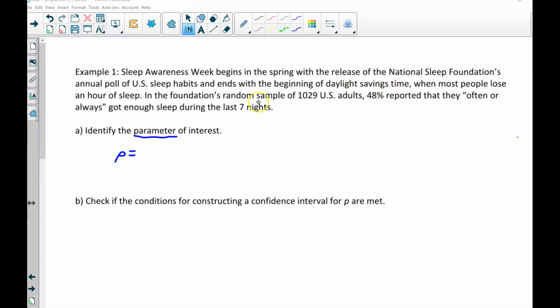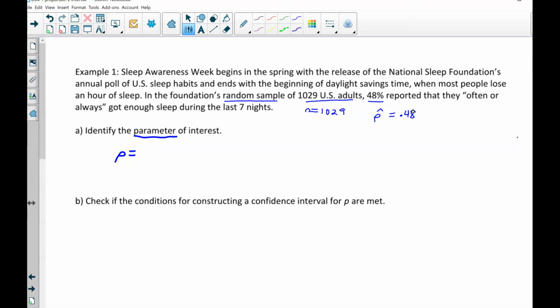In the Foundation's random sample, notice they give you a random sample of 1,029 U.S. adults, so our sample size is 1,029, 48% reported that they often or always got enough sleep in the last 7 nights. So that 0.48 actually represents p hat. That's based on their poll.